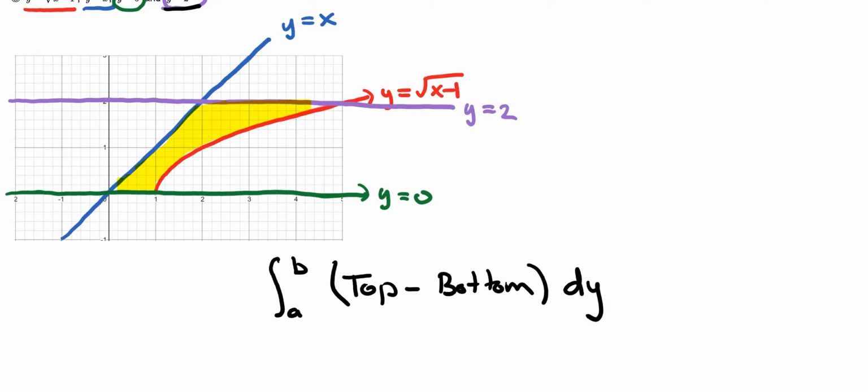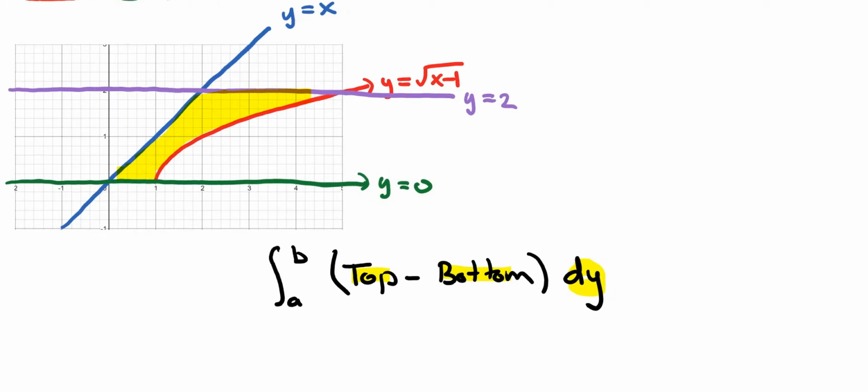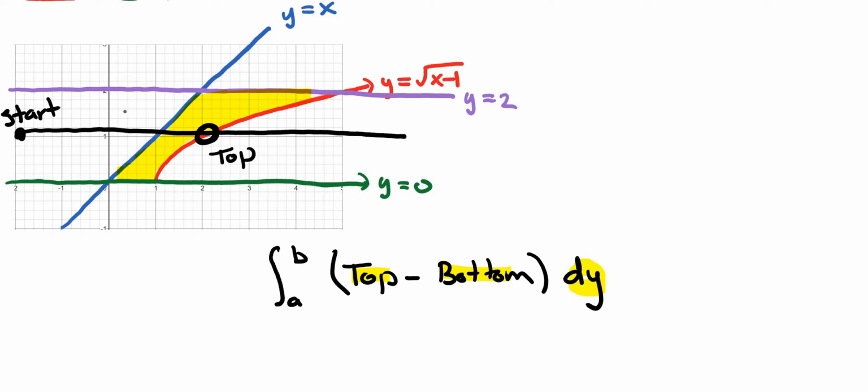The language that we use for top and bottom when we're integrating along the y-axis, we can slightly change as well. So let me show you how we can set up our integrals here. I will draw a black line over here, starting on the far left, and draw a horizontal line right through the yellow area. This dot right here is like the top function, and this one is like the bottom function.